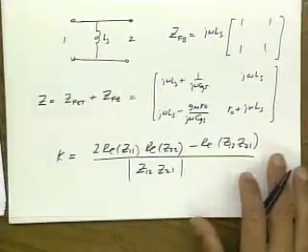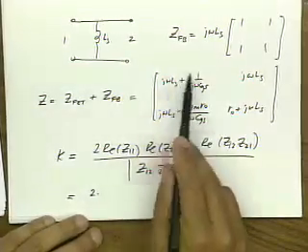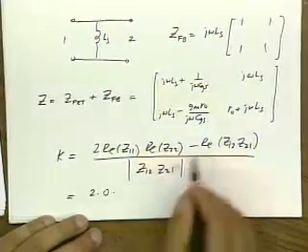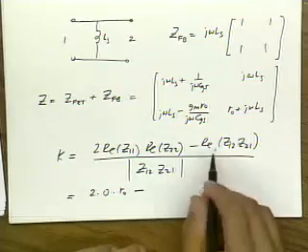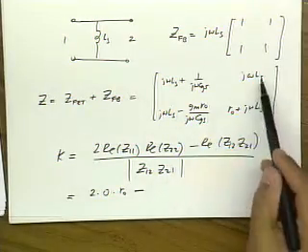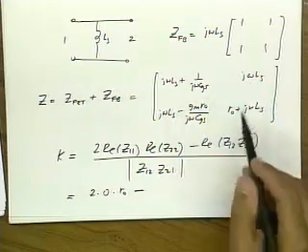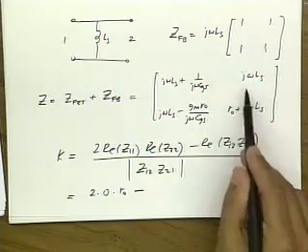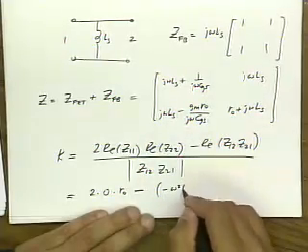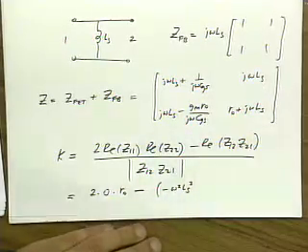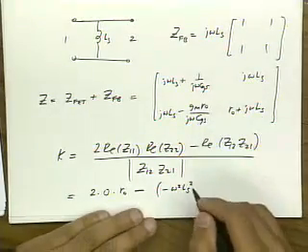Okay? And now if I substitute, I have 2 times the real part of Z11, which is 0, times the real part of Z22, which is RO, minus the real part of the product Z12, Z21. So if I multiply this out, you can see the first term is certainly real, because I have j squared, which gives me minus omega squared LS squared. And the second term also is real, because the j omega cancels out.